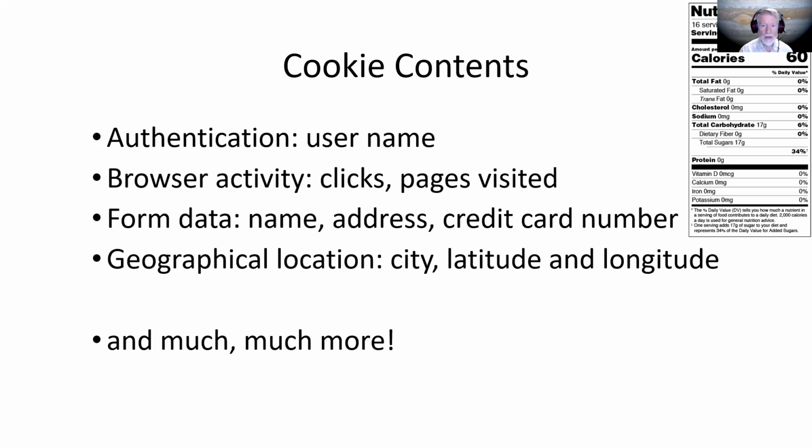And of course, information from forms. What have you entered before so we know what you can enter again? And geographical information. I've been looking at cookies in the last week, and I was amazed to learn that Wikipedia knows my city, my latitude and longitude, where I'm located in the universe. And so that's in the cookie.